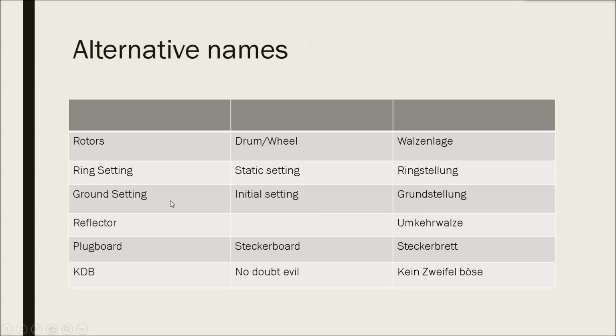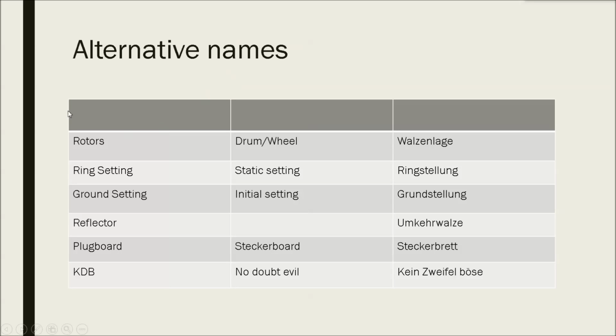The ground setting, also called the initial setting, is the thing that you see in the window of the Enigma machine, and it's increased every time you push a button. It's called the Grundstellung. There's also the reflector and the plugboard, also known as the Stecker board, and in German, Steckerbrett.